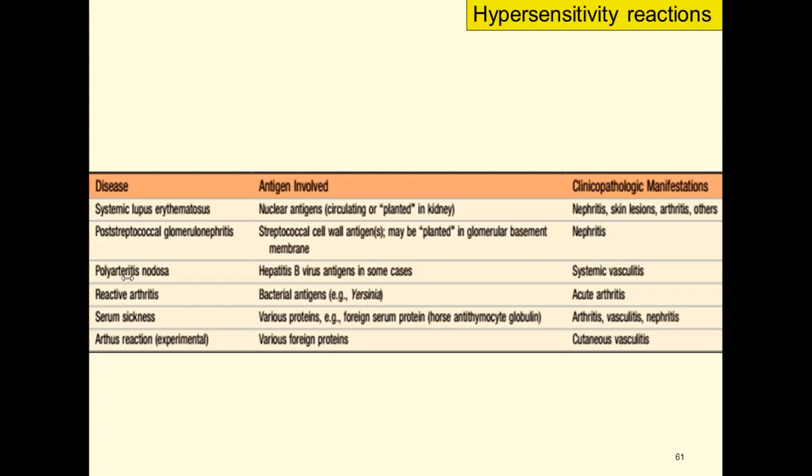Okay, move on. Polyarthritis nodosa, reactive arthritis, serum sickness, and obviously Arthus reaction, more like experimental, but in some literature you could find information about the situation when we have injections of some drugs, medical drugs, in the same place, and there is some necrosis of the wall of the vessel, and also we could find inflammatory reaction.